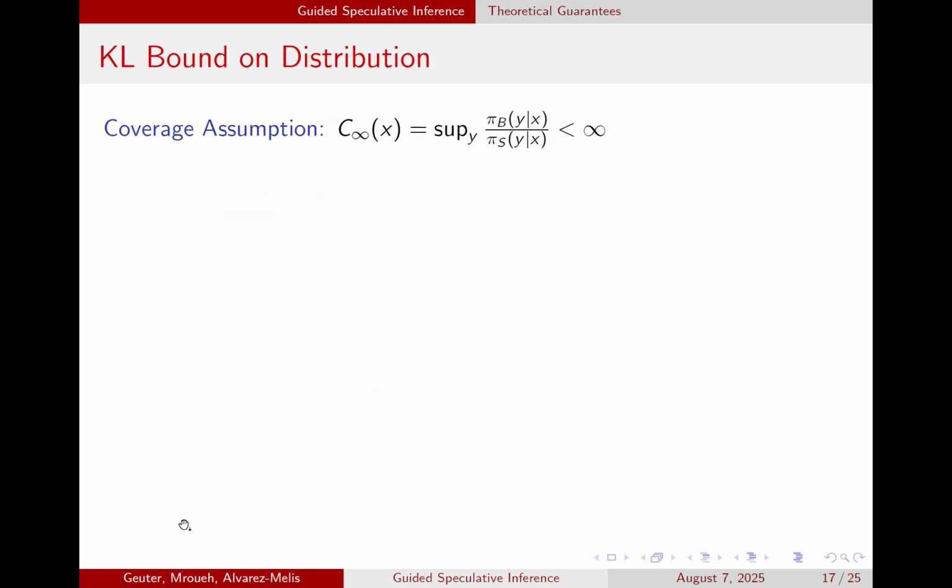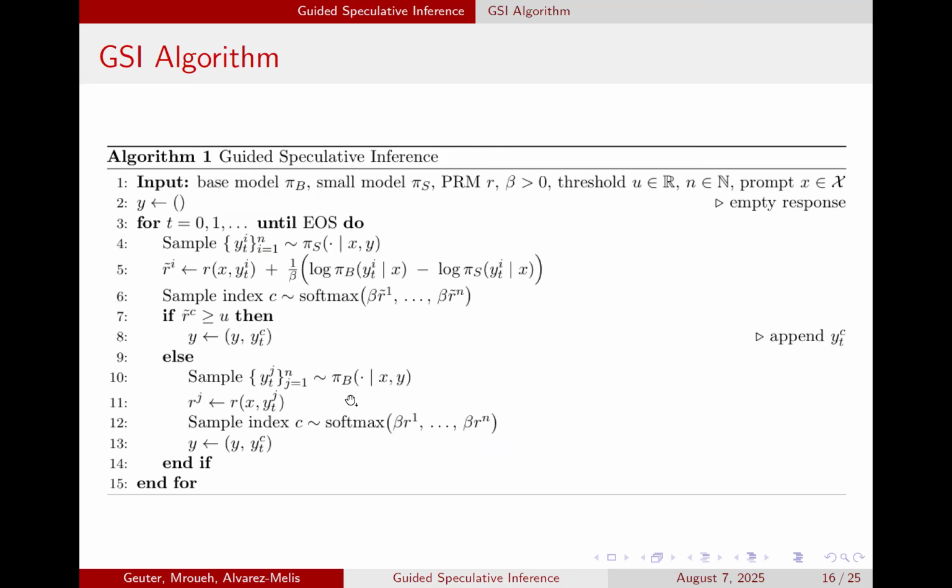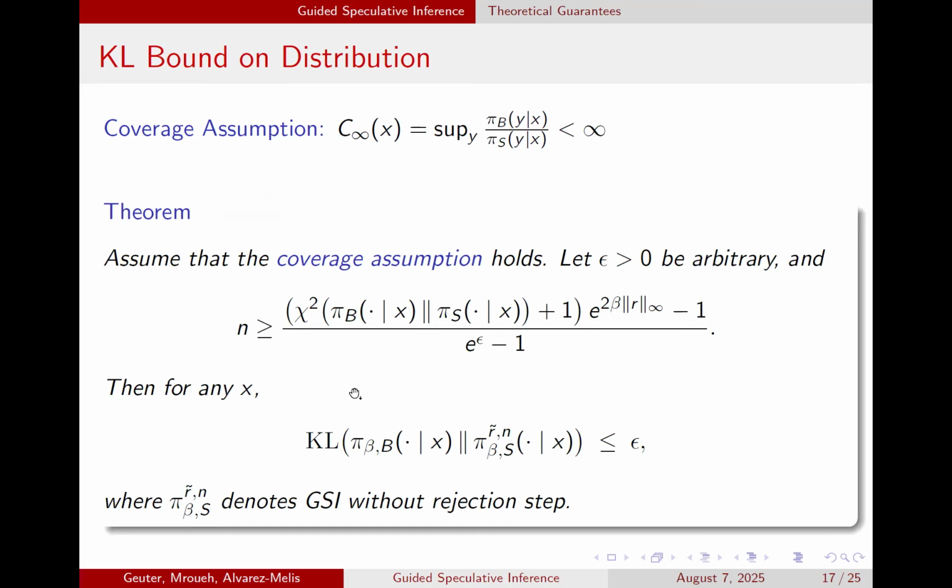What we have here in the rejection step is that we do soft best-of-n sampling from the big model, which I already showed previously provably gets arbitrarily close to the tilted distribution. So if we add the rejection step, you can also derive something similar.